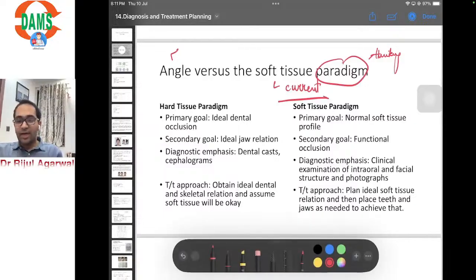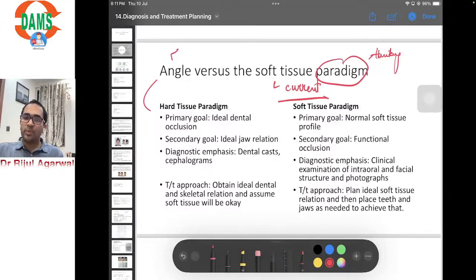Angle was an advocate of the hard tissue paradigm, that is, his primary goal was to have an ideal dental occlusion, meaning the teeth should be in maximum intercuspation and there should be an ideal jaw relation. He did not worry about the outcome or the outlook which it had on the facial profile of the patient.